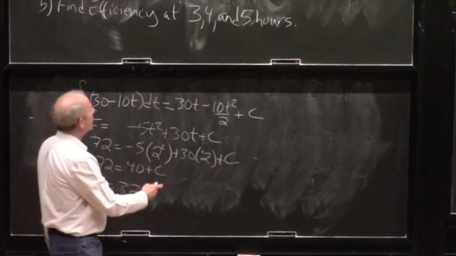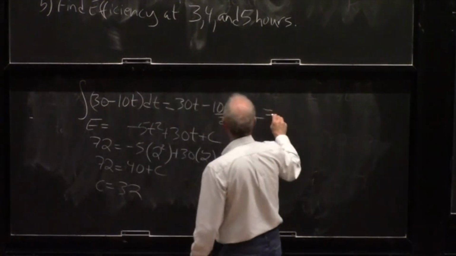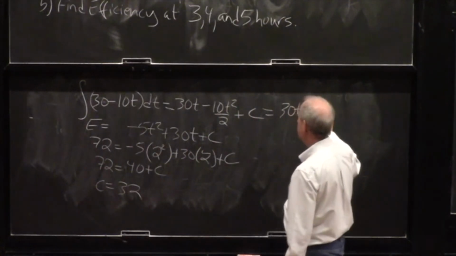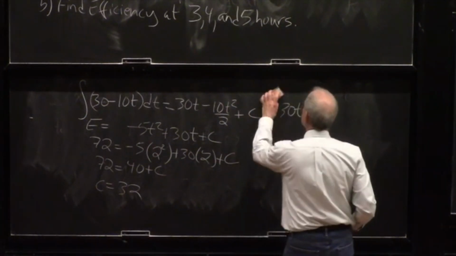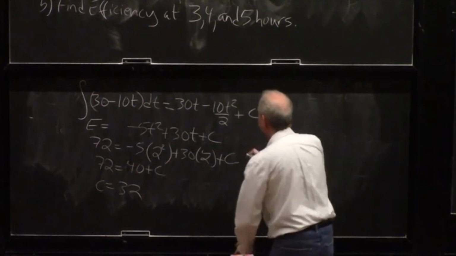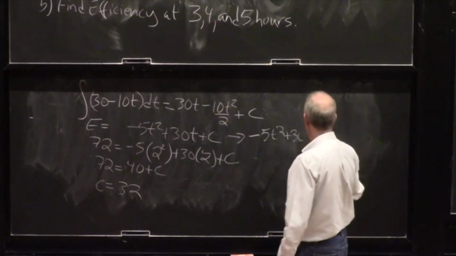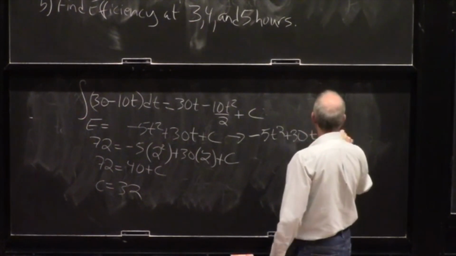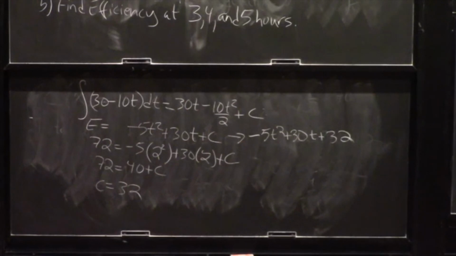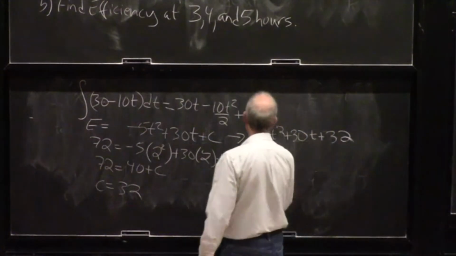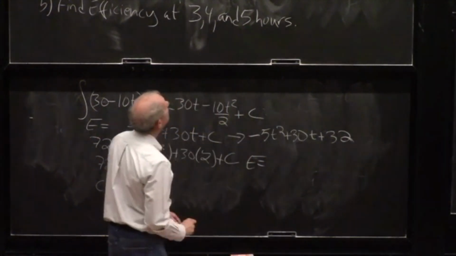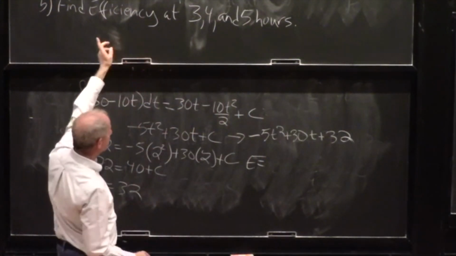So that means our efficiency equation becomes minus 5t squared plus 30t plus 32. Should have told you guys it wasn't decimal. All right, now you just have to plug in 3, 4, and 5. So see, that's what the phrase expressed as a percent meant.